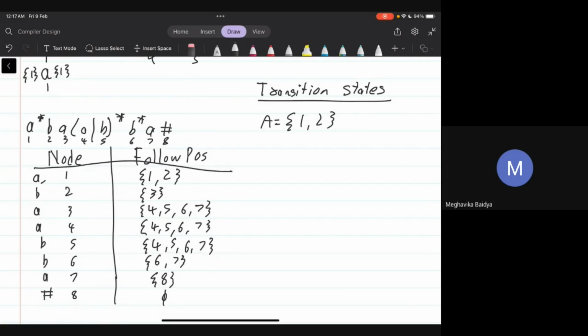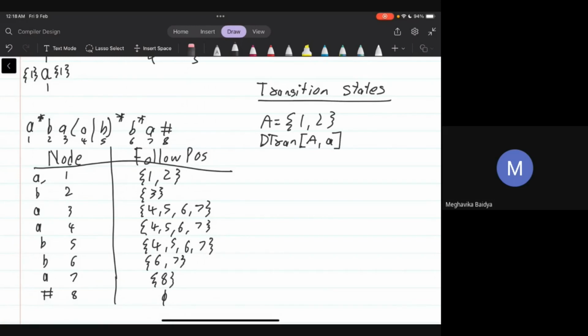Okay, now since we are doing a DFA, we write Dtran, which is the DFA transition, of A comma, where A is the state and the small a is your input. What is the input?